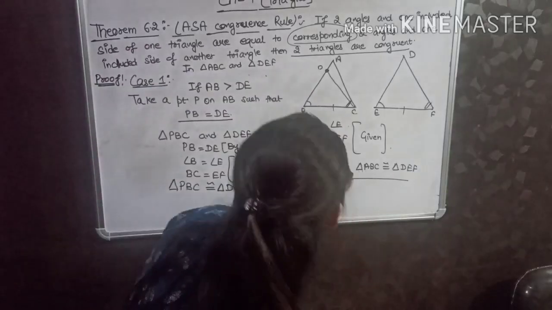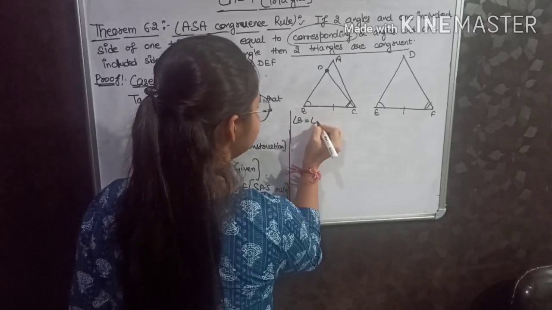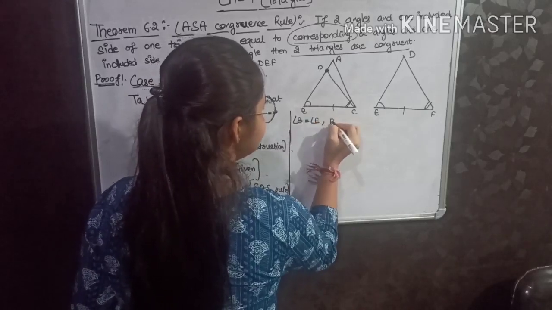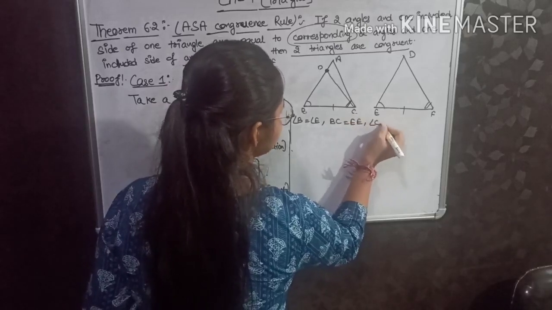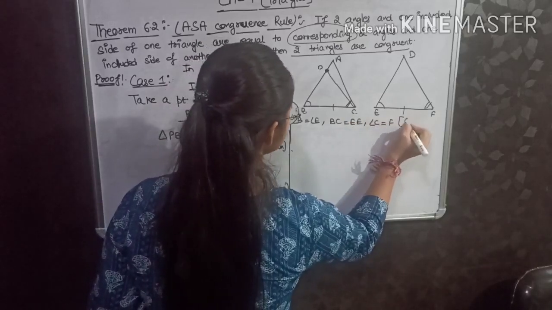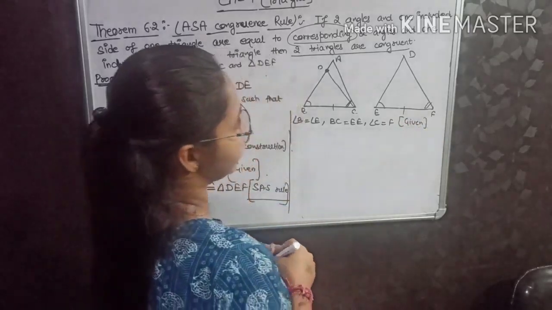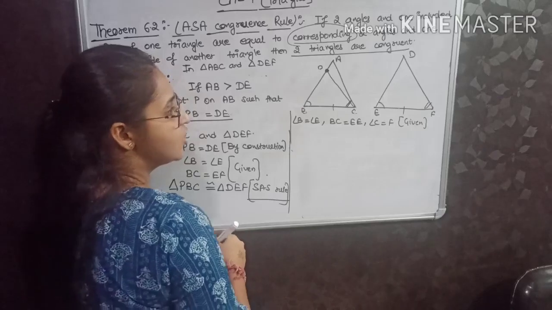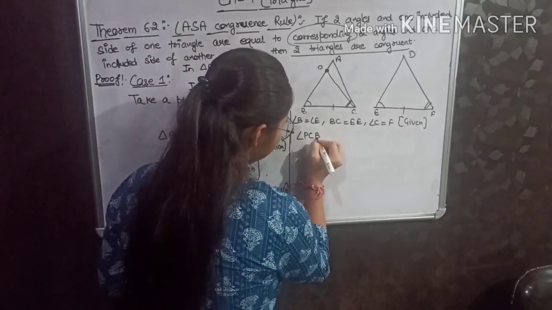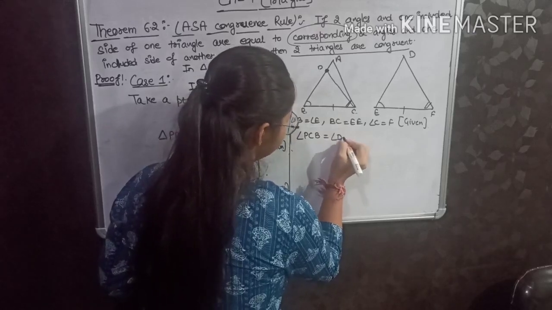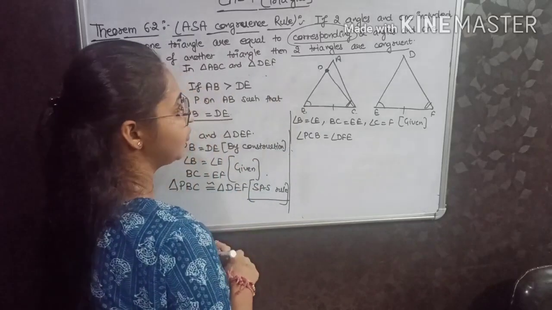So I can write here the given quantity was angle B is equal to angle E, BC is equal to EF, and angle C is equal to angle F. This all was given. Now, if triangle PBC is congruent to triangle DEF, so I can say angle PCB is equal to angle DFE. Tell me any problem?